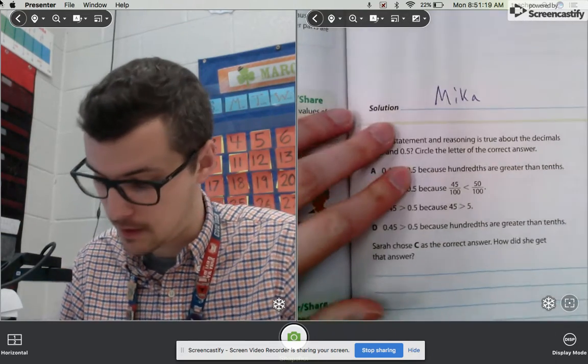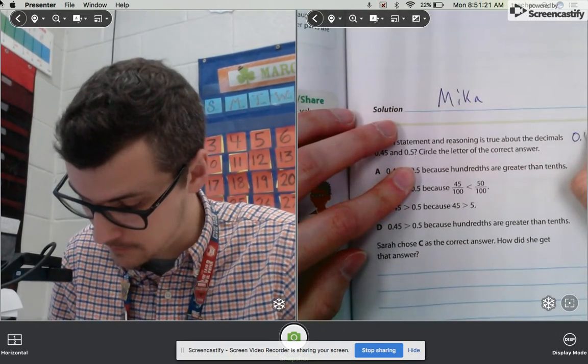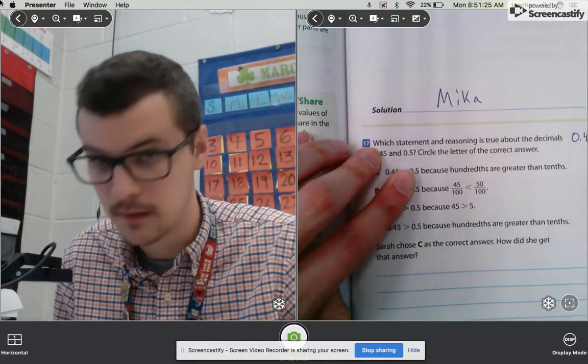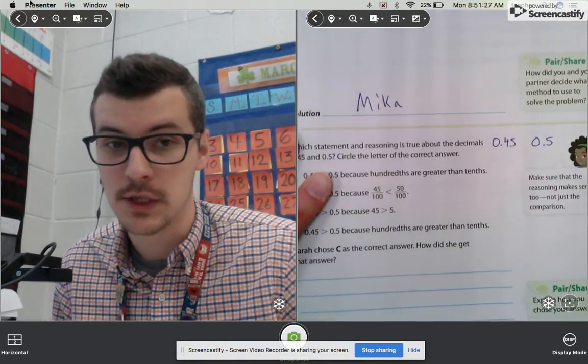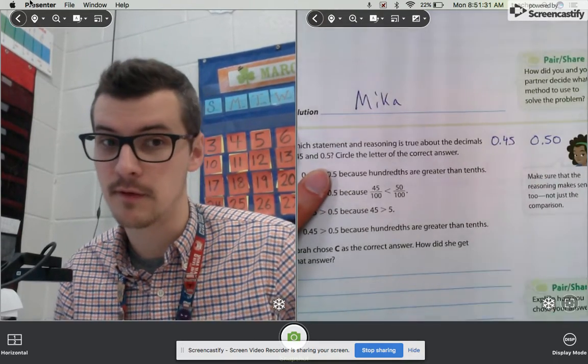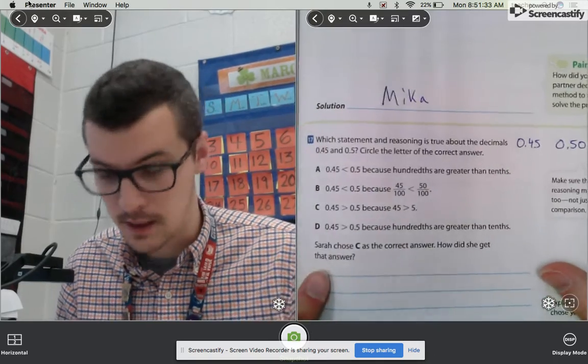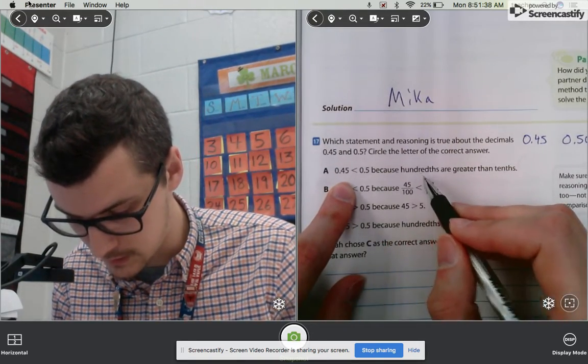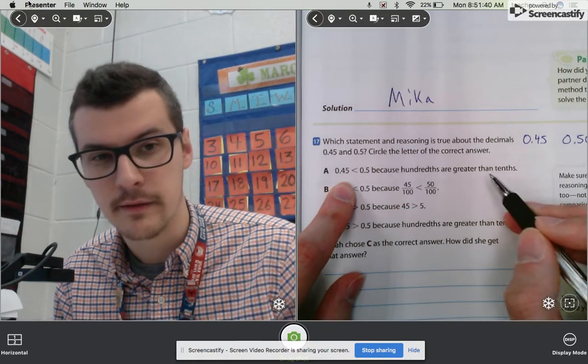All right, let's break this down. I first want to get them on the same level. So I have 45/100 and 5/10. The one that needs to change is the 5/10 to get on a hundredths level. So 45/100, 50/100. A says 45/100 is less than 5/10 because hundredths are greater than tenths.